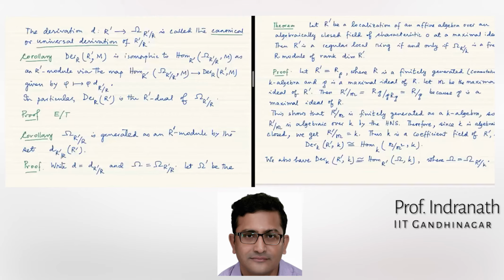If R dash is the localization of an affine algebra over an algebraically closed field of characteristic 0 at a maximal ideal, then R dash is a regular local ring if and only if the module of Kähler differentials of R dash over K, K is this base field, is a free R dash module. Sorry, this should be R dash module.